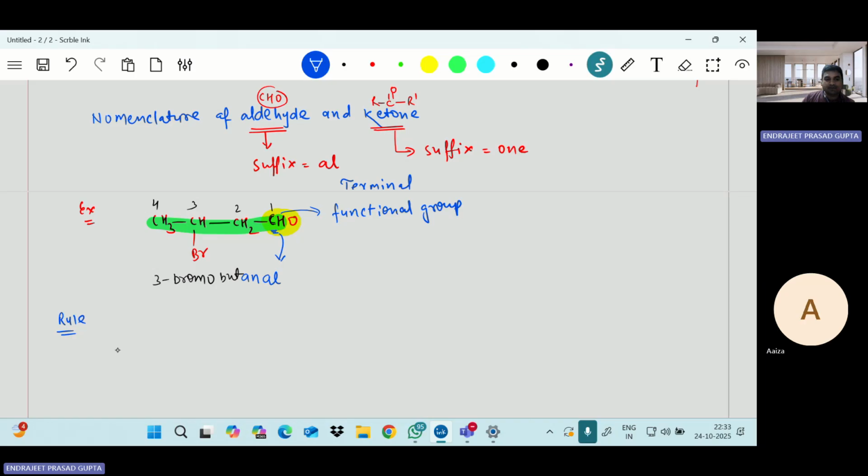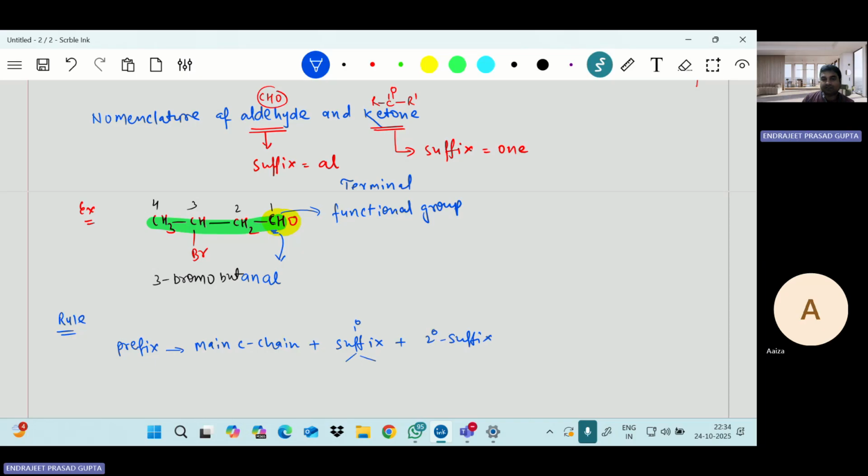Then after the prefix, we write the main carbon chain, like meth, prop, but, and then the suffix. There will be two suffixes: the primary suffix and then the secondary suffix.